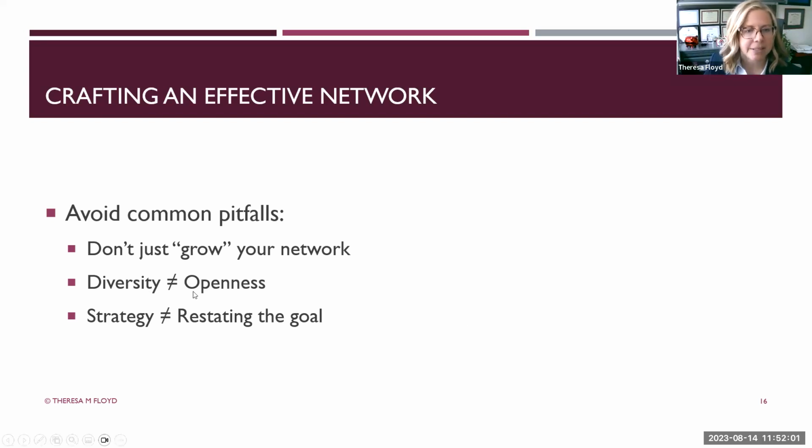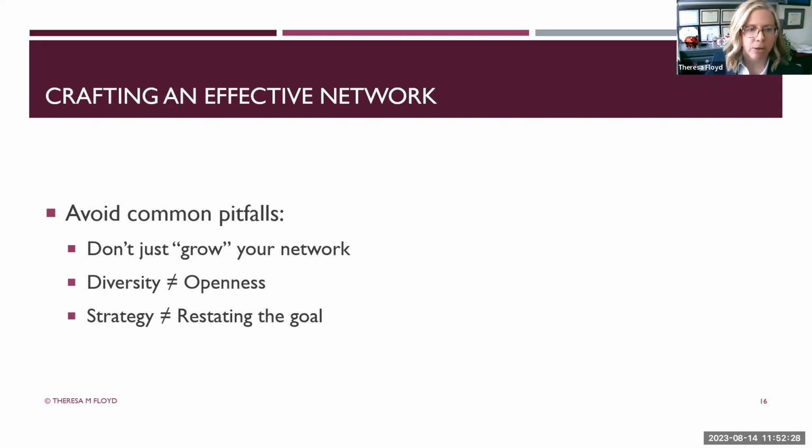So openness is really structural based upon the ties between the people in your network, and diversity is really kind of more contextual based upon like, oh, I have people that have different areas of expertise in my network, right? They could be tied to each other.